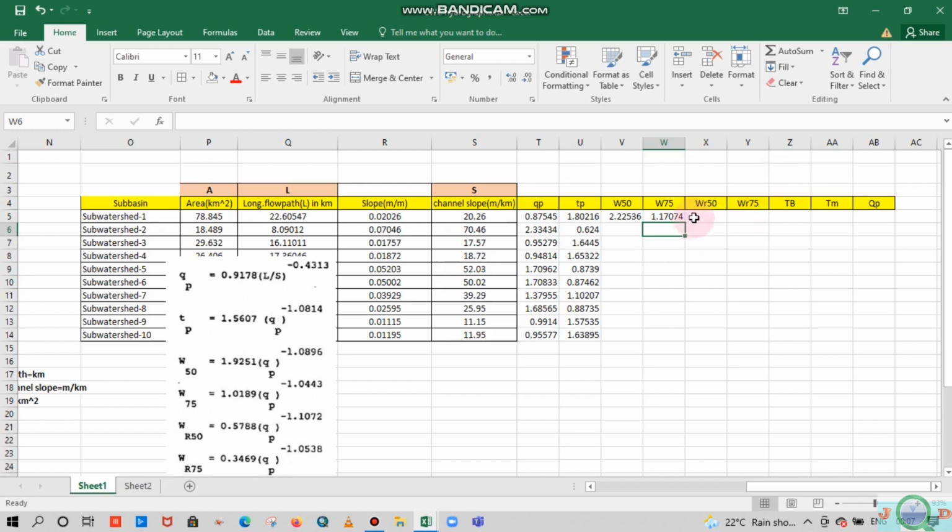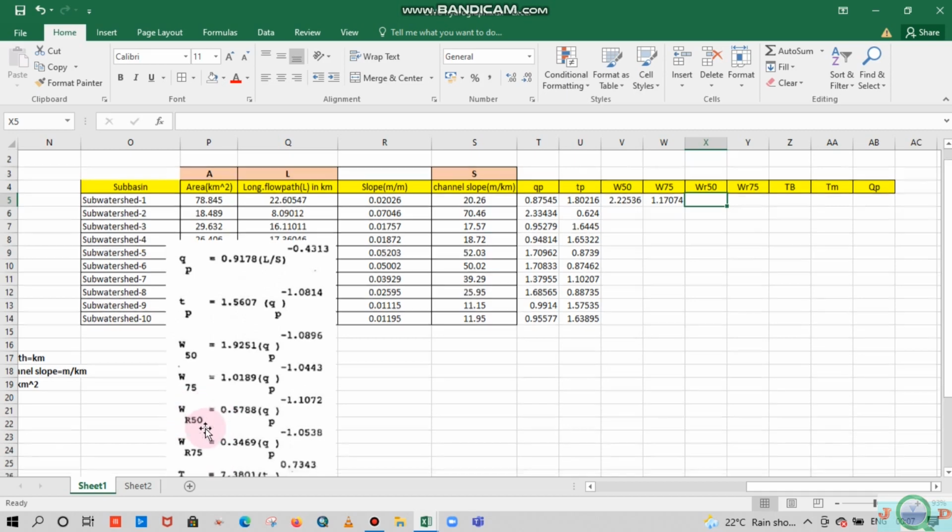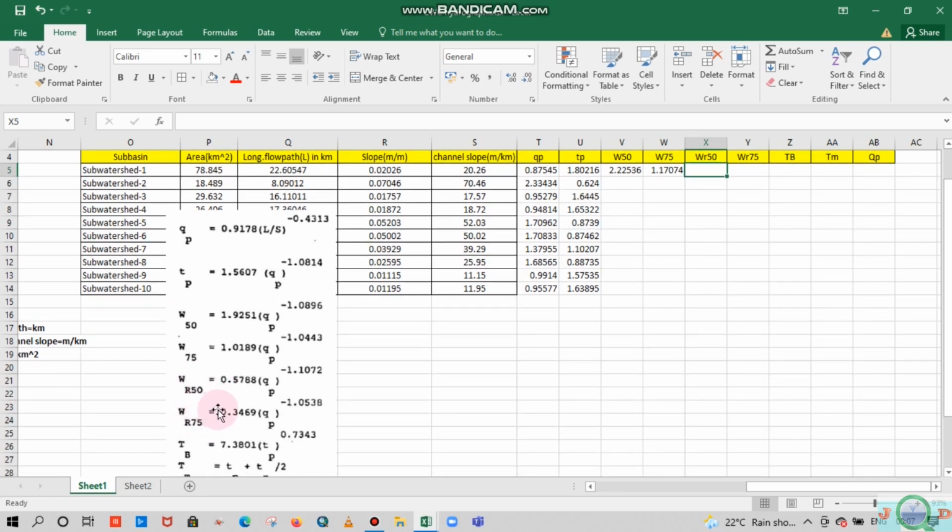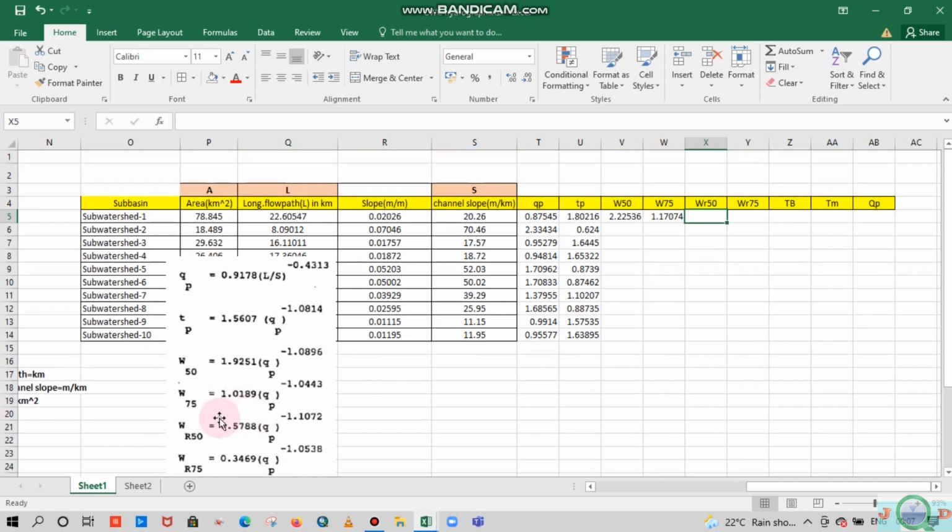And now comes the WR50, that is the ordinate of 50% of the peak of the rising limb. We will mark all these parameters in the graph and construct a unit hydrograph, which is nothing but a regional synthetic unit hydrograph.